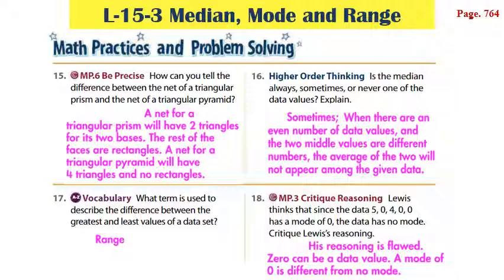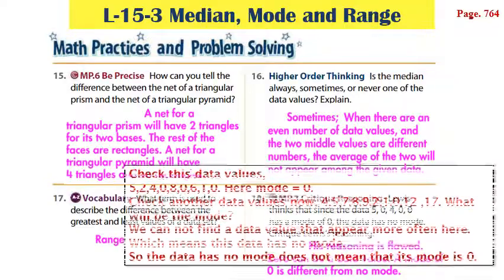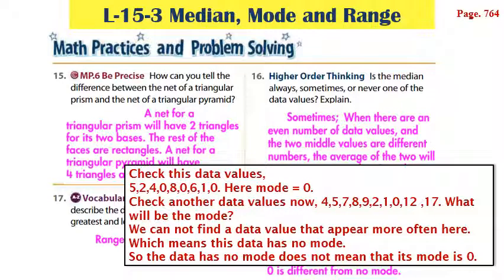For 5, 2, 4, 0, 8, 0, 6, 1, 0, the mode equals 0. Check another data set now: 4, 5, 7, 8, 9, 2, 1, 0, 12. No value appears more often here, which means this data has no mode. So saying the data has no mode does not mean that its mode is 0.